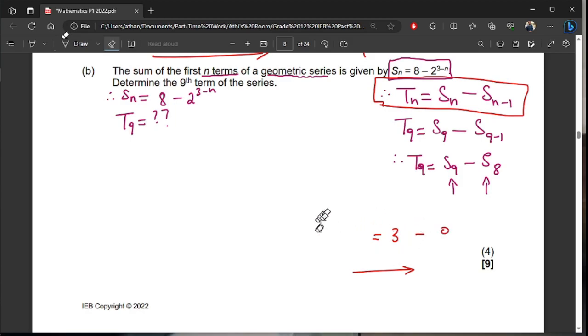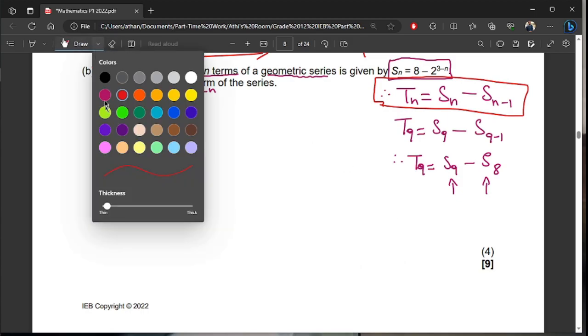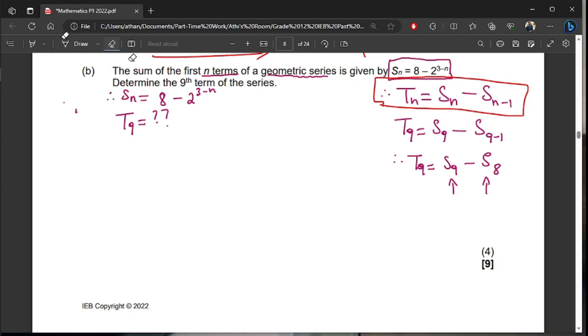So let us try now to answer that question. In order for me to find T9, I'm going to use this formula, meaning T9 is equal to S9 minus S8. So let us try to find term 9. Term 9 would be S9, so I'm using the formula now.